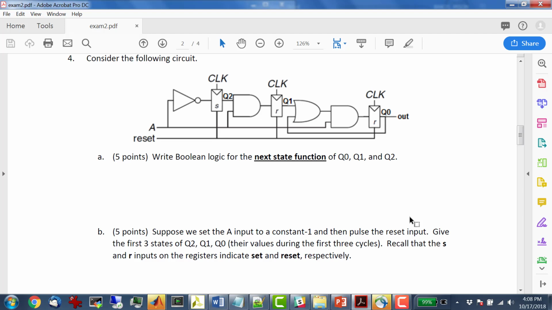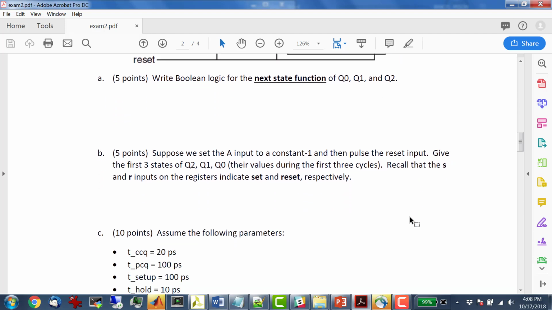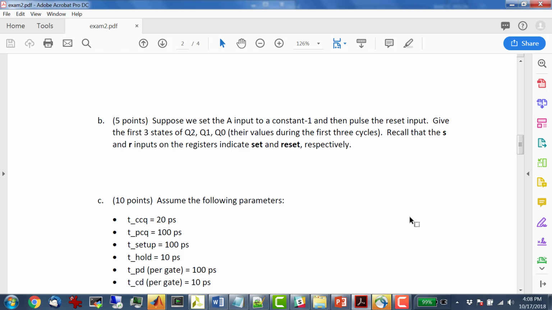So we'll just take 2 and multiply that by the logic gate delay, which is 100. So it's 2 times 100 plus the setup time of the register, which is fixed 100, and plus the skew, right?